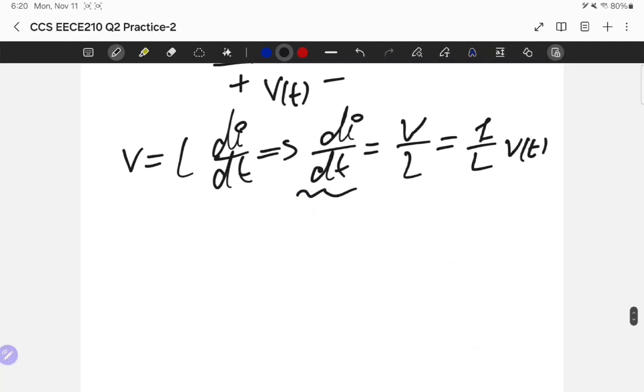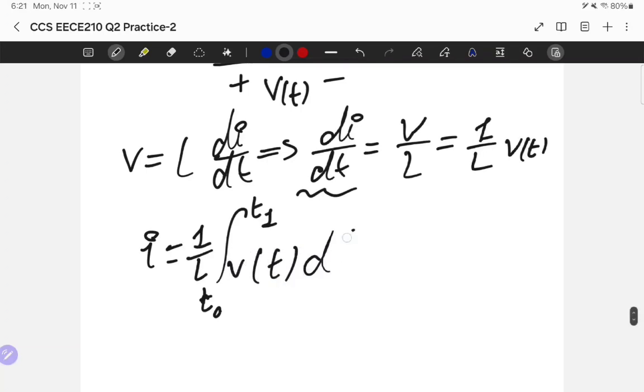Now I have a derivative, so to reverse its effect I do an integral. So integral from t0 to t1. There's 1 over L outside because it's a coefficient, so I kick it out of the integral. We get V(t) dt plus some constant, I0. Now why do I add a constant?